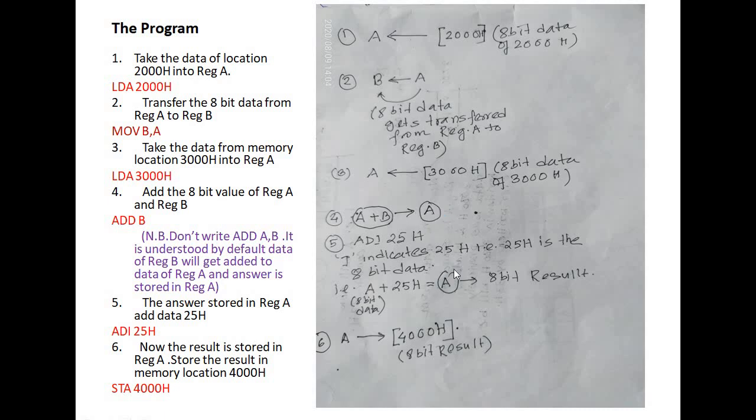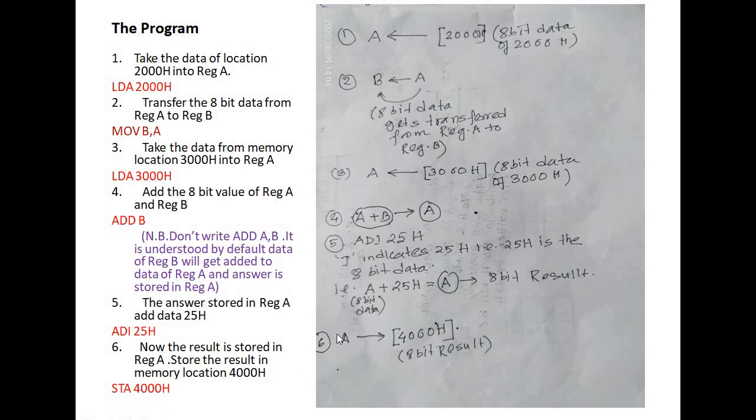Okay, and after addition, where is the result stored? The result will get stored in the accumulator. The 8-bit result will get stored in the accumulator. Clear? Now what was the last step? Whatever result is now stored in register A, we have to store in memory location 4000H.